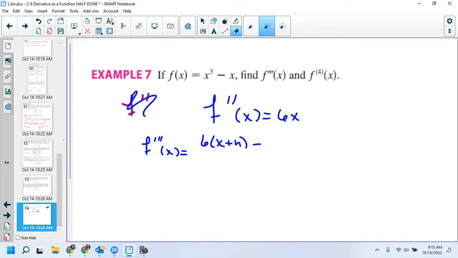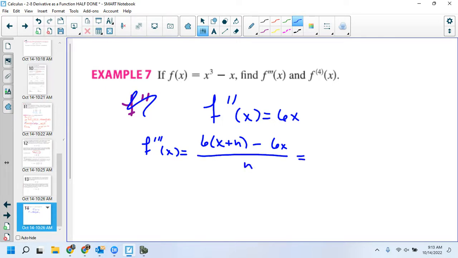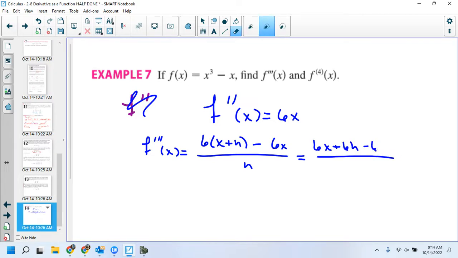Blame Carlos. So that would be 6x plus 6h minus 6x all over h. Now, what happens to my 6x's? They cancel. What happens to my h then? It cancels. So we're left with just 6. The limit as h goes to 0 of 6 is just 6.